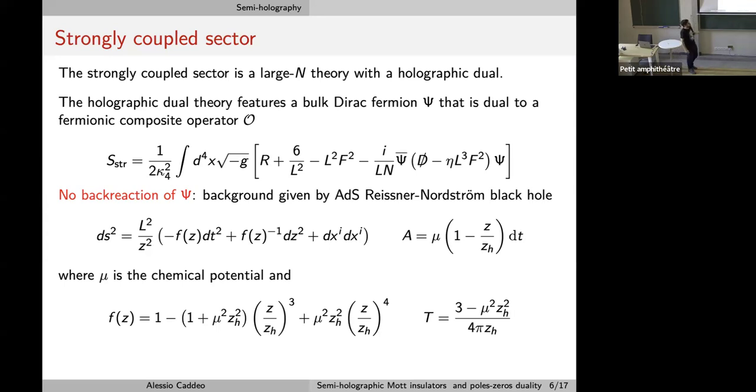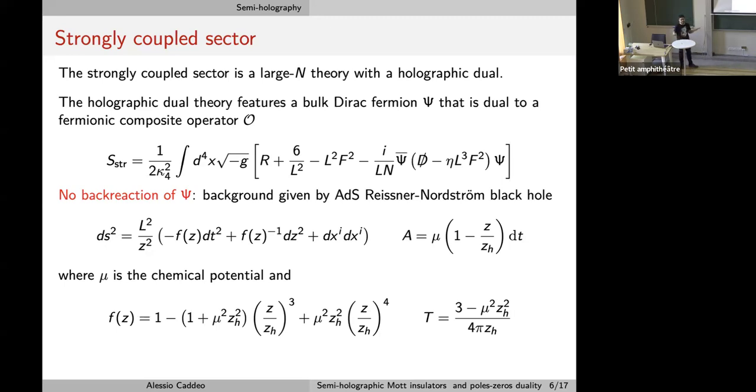And then we have another subsector, which is the fermionic one, featuring N degrees of freedom as opposed to N squared for the gluon sector. This is just a fermionic operator psi, which is dual in the holographic sense to the composite operator O. Since this sector is 1 over N suppressed compared to the gluonic sector, I'm allowed to neglect the back reaction of the fermion on the geometry.